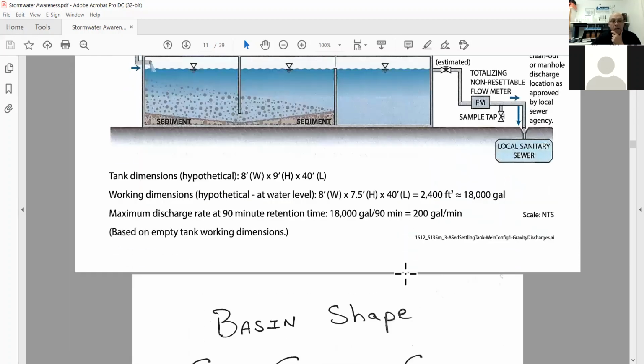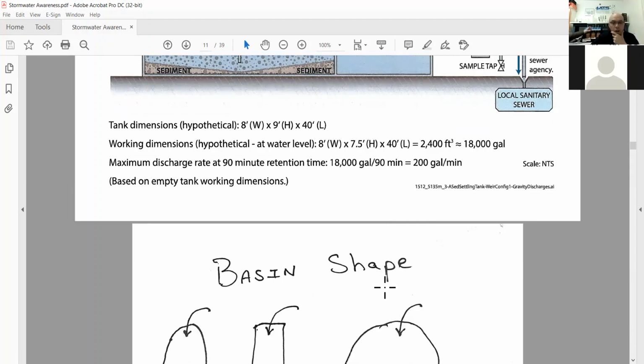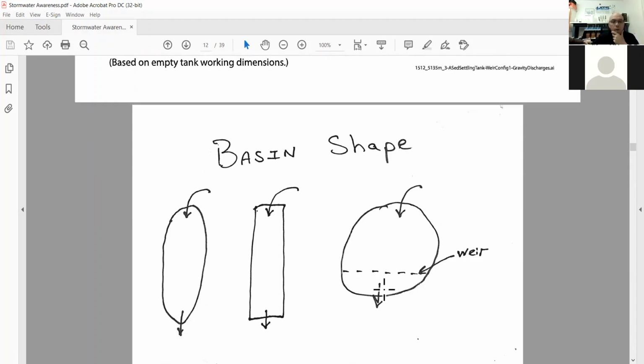When designing basins, perfectly round basins like you see in clarifiers are not helping us. They have issues of short circuiting. So I've got a couple of pictures, some basic hand-drawn photographs of basin shapes. So use an oval.